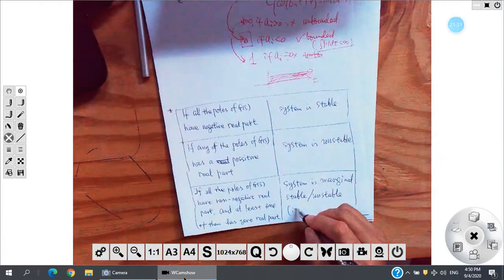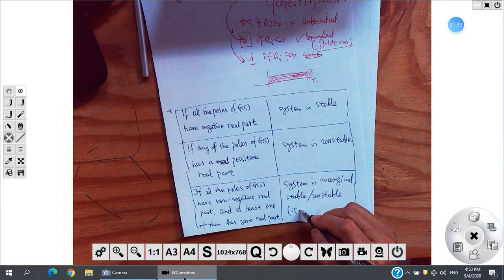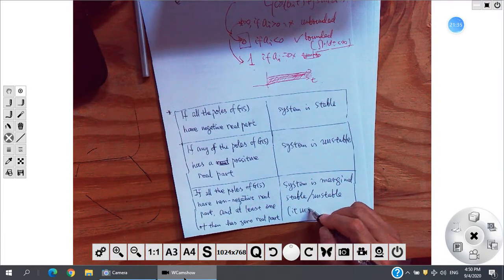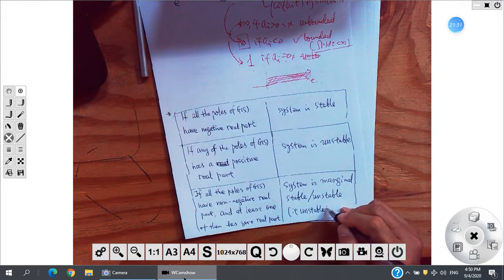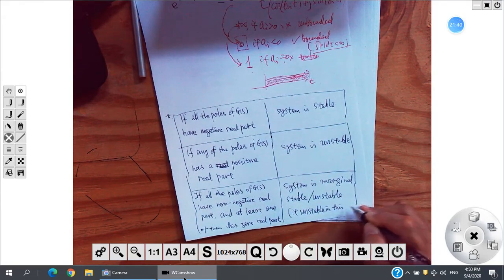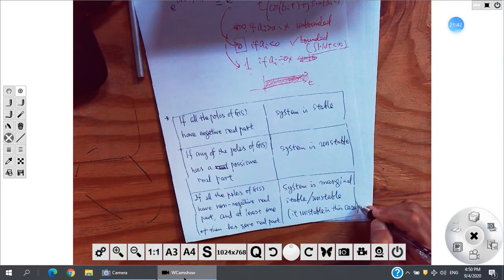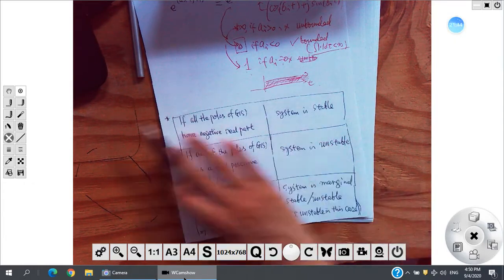It is unstable in this case, as we just discussed.